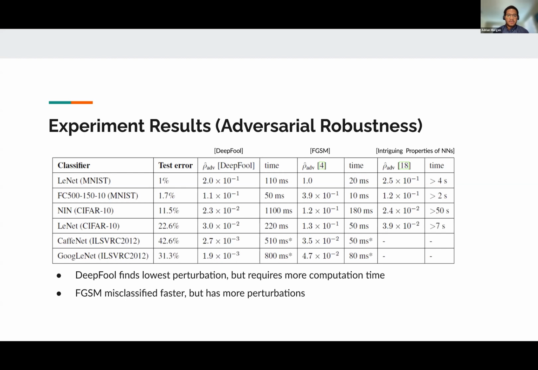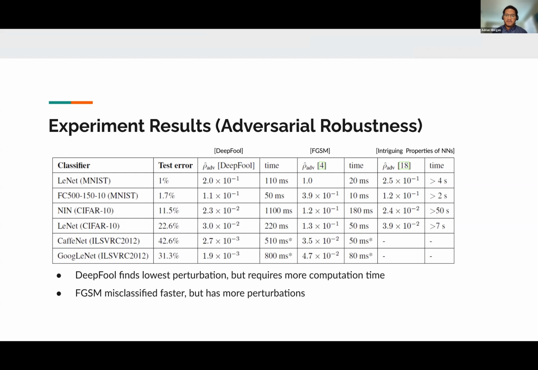So here from this table, you can see DeepFool on the LeNet MNIST model. DeepFool computes the minimal perturbation required compared to FGSM, but it requires slightly more computation time.